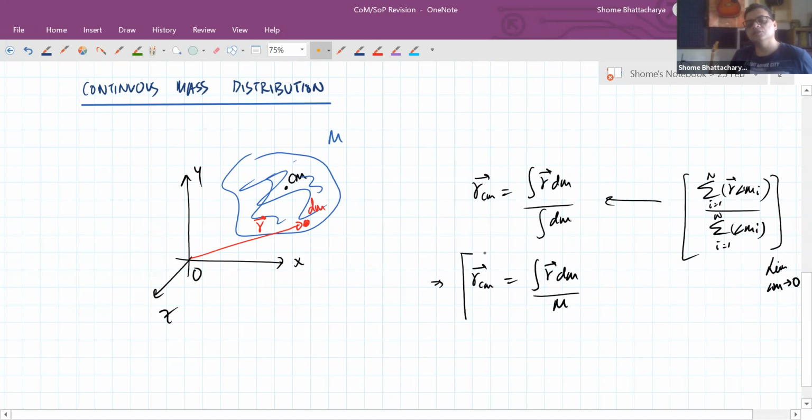Of course, integration of dM is the total mass M. So this becomes the integration formula for position of center of mass for a continuous mass distribution. And as you can see here, we can also write this in terms of individual coordinates.